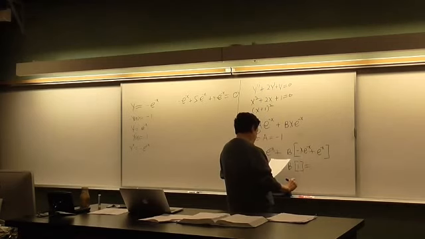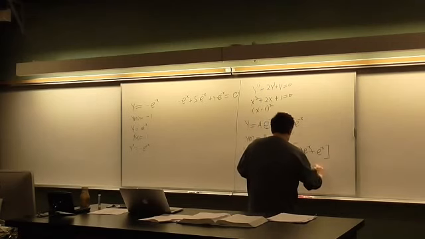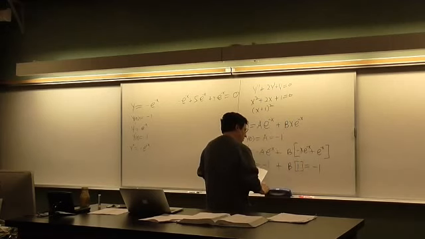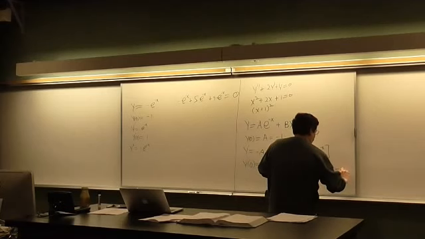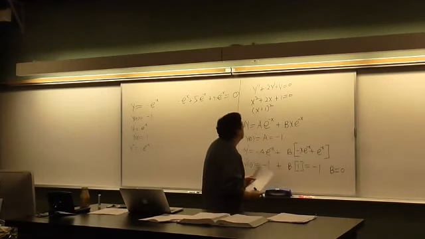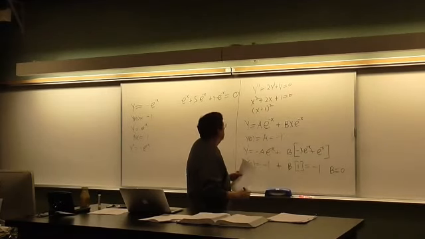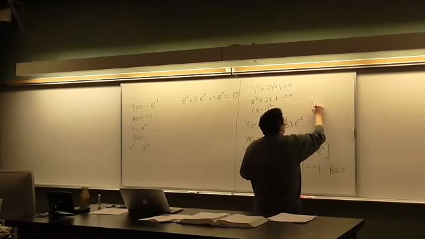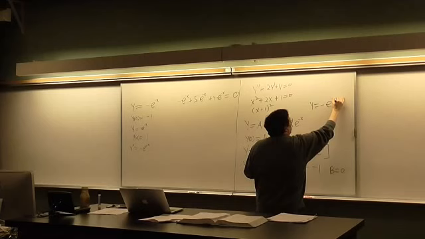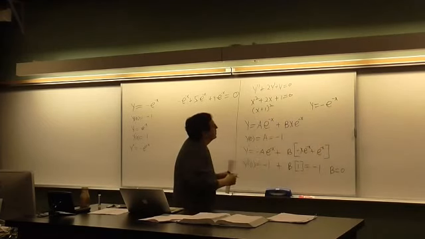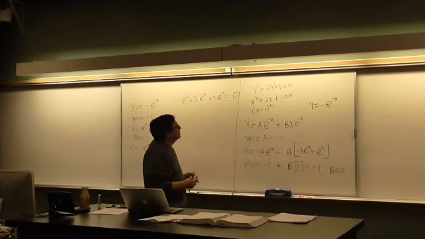And that's supposed to equal minus 1, which says to me that b equals 0. So that suggests the solution is just y equals minus e to the minus x. Should we check that?